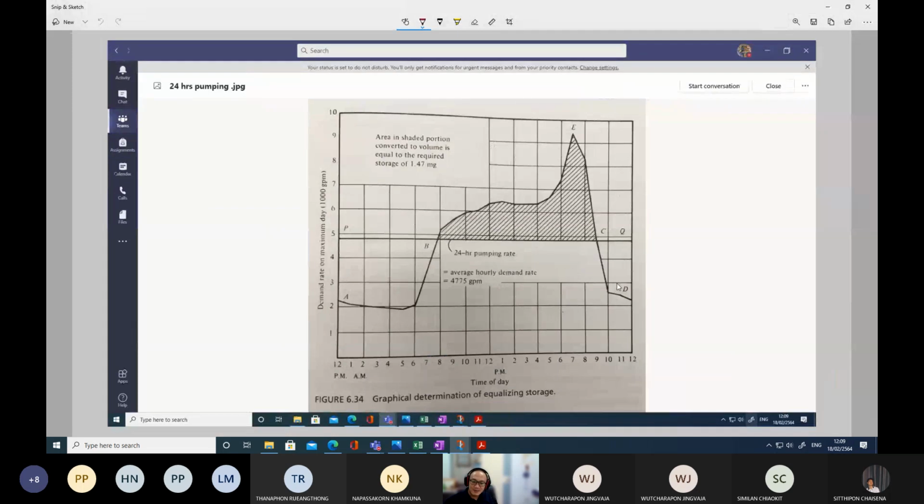So this one is the time, and this one is volume per time, all the flow rates.